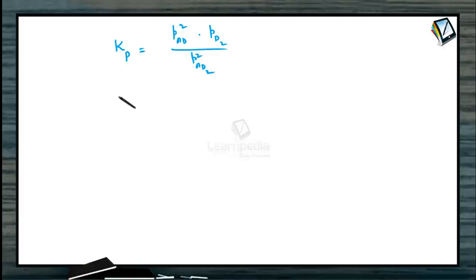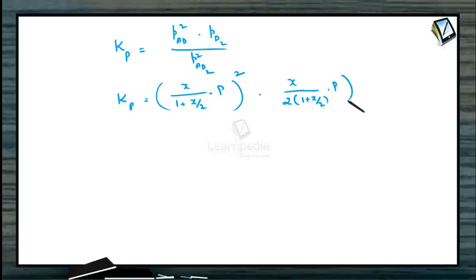This is the equilibrium constant expression. Let us substitute Kp is equal to P of AD2. So we have X by 1 plus X by 2 into P total pressure whole to the power of 2 into partial pressure of D2 is how much? X by 2 into 1 plus X by 2 into P whole to the power of 1. Then divided by P of AD2 whole to the power of 2.